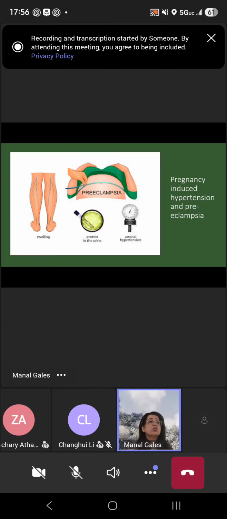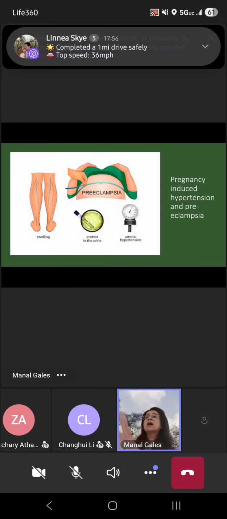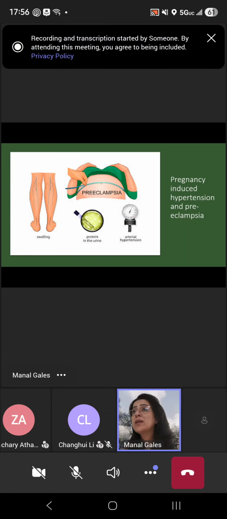But not every high blood pressure is preeclampsia. It has to be the 3, the triad, to make the diagnosis of preeclampsia. If she is 24 weeks gestation and she has hypertension, lower limb edema, and proteinuria, what is the diagnosis? Preeclampsia. If she's 24 weeks and she has high blood pressure, but no proteinuria, no lower limb edema, what is the diagnosis?